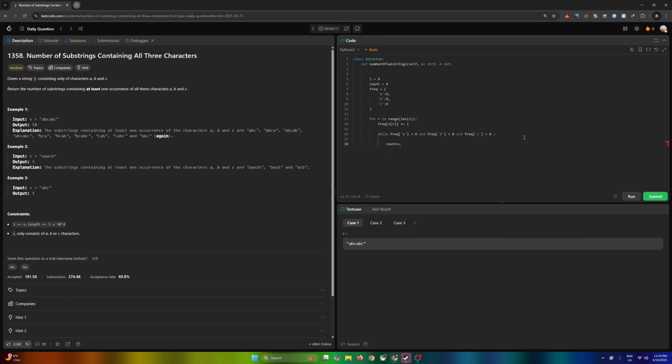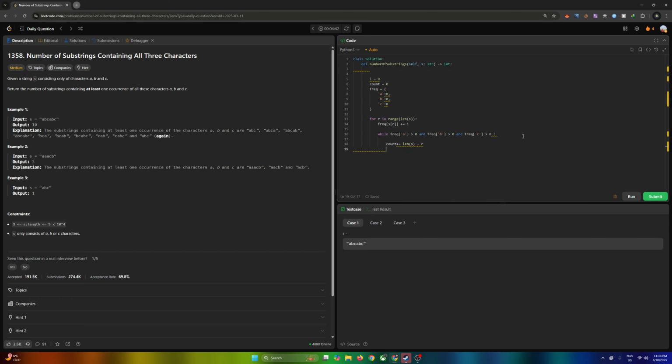Now we don't want to do plus 1 because we already went through that. Any subsequent character added to that valid substring is also valid. So what we can do is total length minus where are we? We are at C, so it's the R index right now.